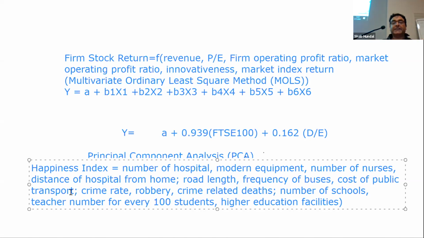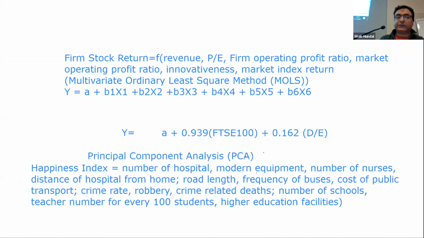Yeah. Look at our original question. Now this was a kind of cooked up example, but look at these variables: revenue, firm operating profit ratio, market profit ratio. Now please be careful, I didn't write them in order, so you have to look to get the idea.